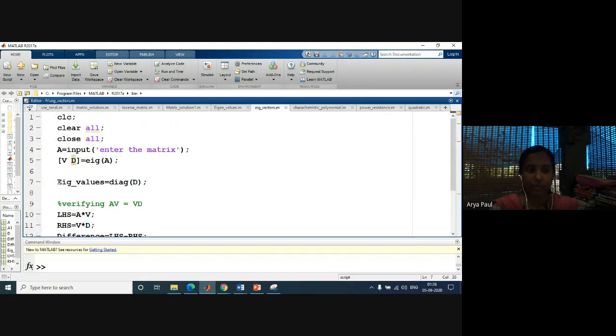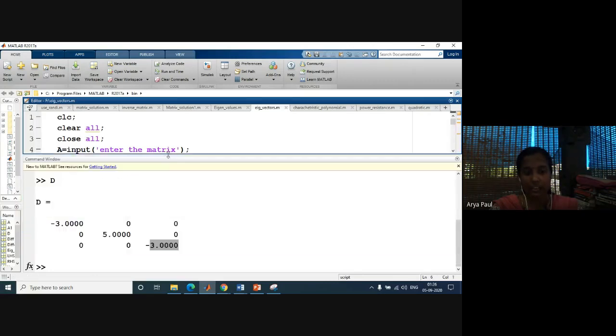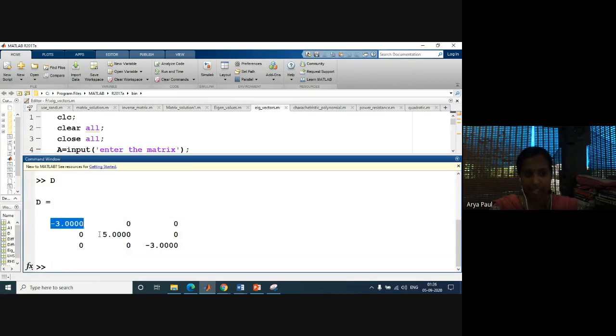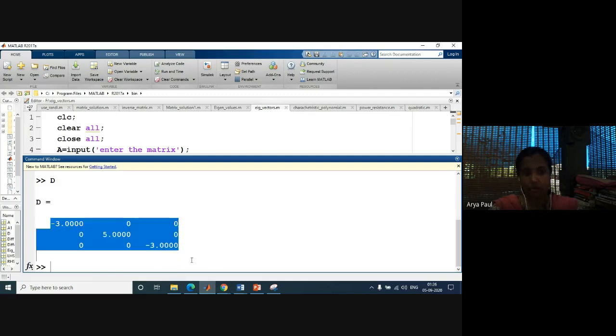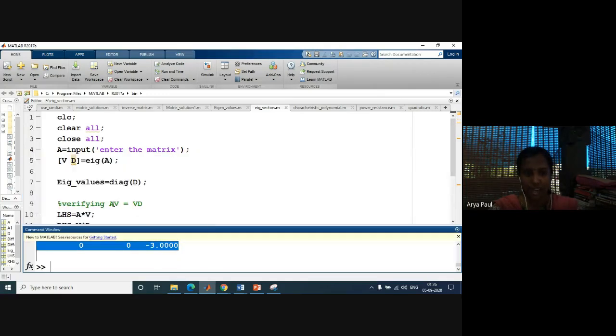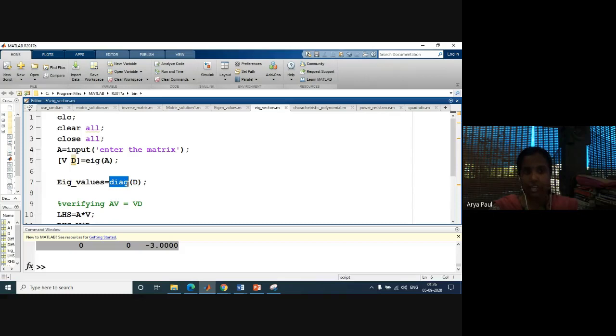Now if you want to extract only the diagonal elements of these eigenvalues, because you are getting eigenvalues as diagonal elements, then you can use the function diag.